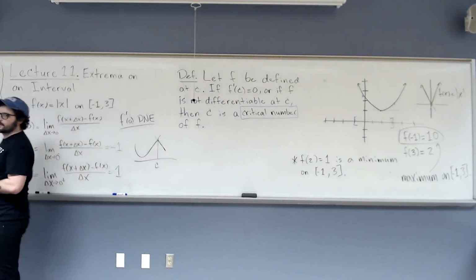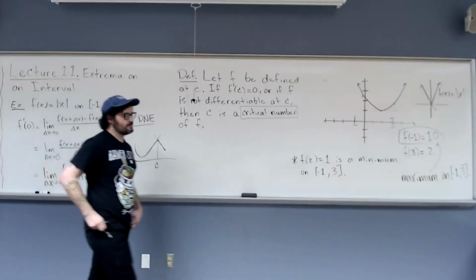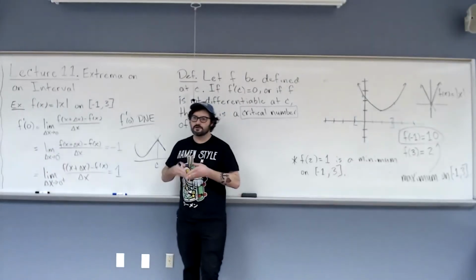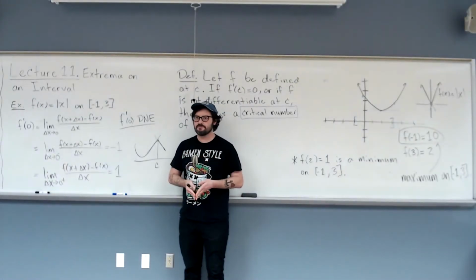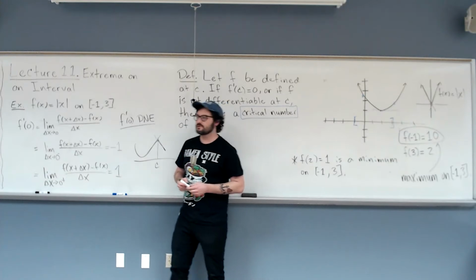Meaning that something is changing with the graph of the function at that value C. Okay, the graph could be crimped, like at the absolute value, or it could be changing direction smoothly, like the parabola that we saw.